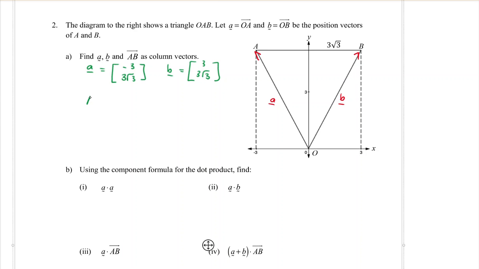Now, the one that requires a little bit more work is to find vector AB, which means I'm starting here at A and I want to go to B. The 3 root 3 on the A is that y value there.